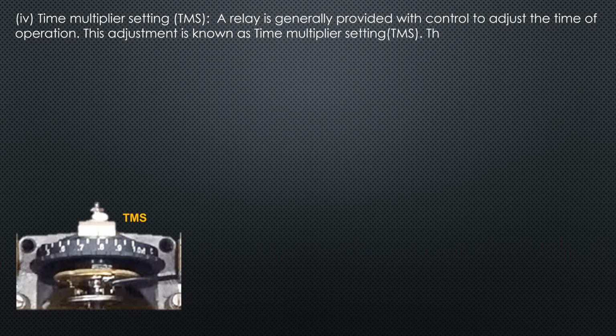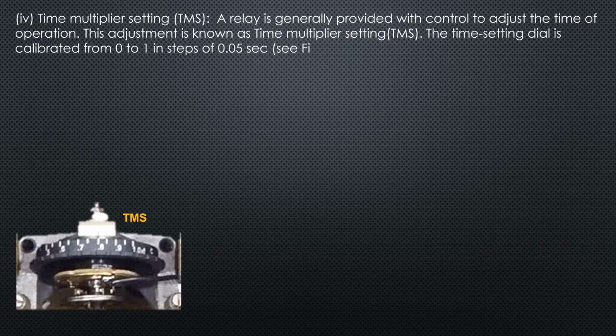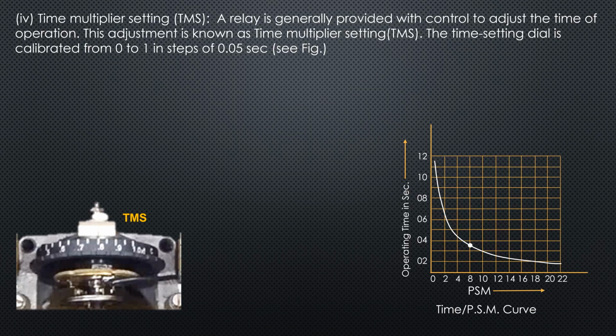The time setting dial is calibrated from 0 to 1 second in steps of 0.05 seconds. See the figure. These figures are multipliers to be used to convert the time derived from the time PSM curve into actual operating time.